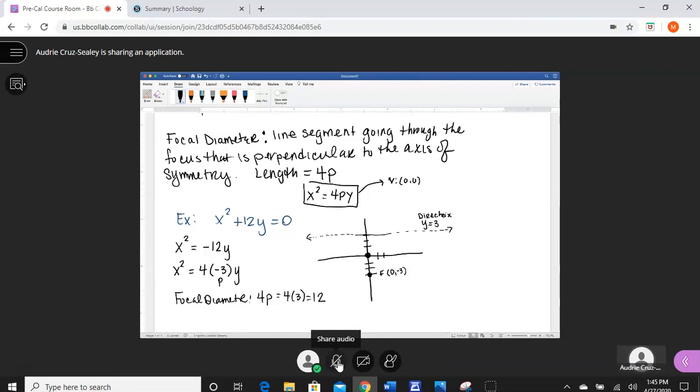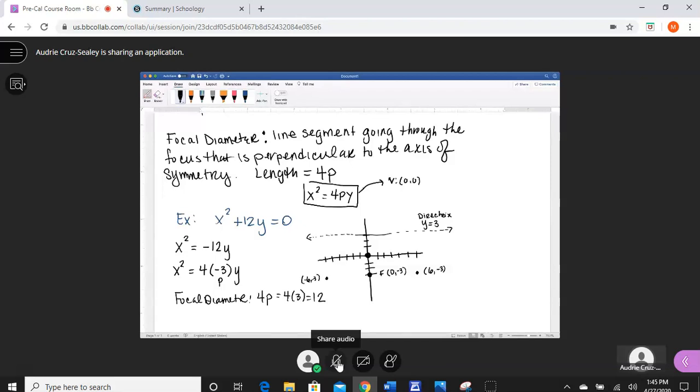If you go 1, 2, 3, 4, 5, 6 out, you would have 6, negative 3. And then if you go 1, 2, 3, 4, 5, 6 out the other way, this would be negative 6, negative 3.